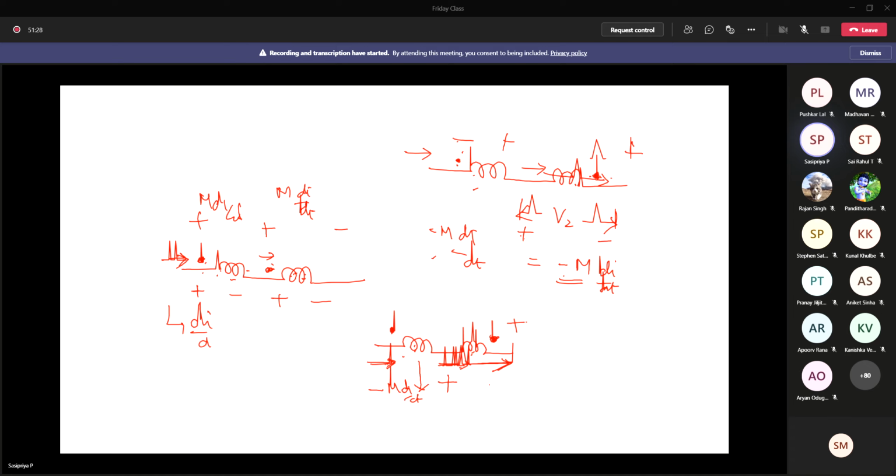But still my V2 is measured like this, so the voltage at this point is going to be minus M di/dt. Here, with the leaving current, my mutual voltage is negative, whereas here we have an entering current, my mutual voltage is positive only, but still my voltage is measured here, so it is written as minus M di/dt. That's all, very simple. So I have both minus M di/dt. That's the reason we are getting L1 plus L2 minus 2M for this connection. Is this clear now? Yes, ma'am.